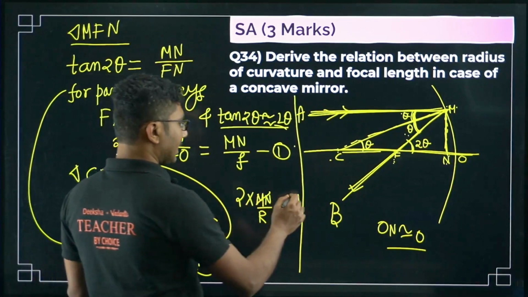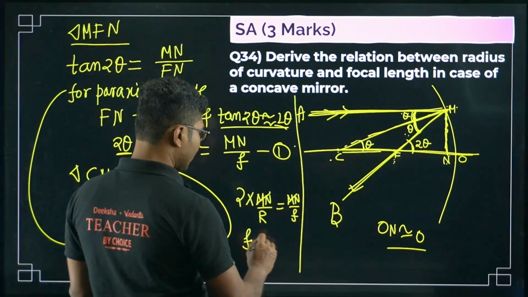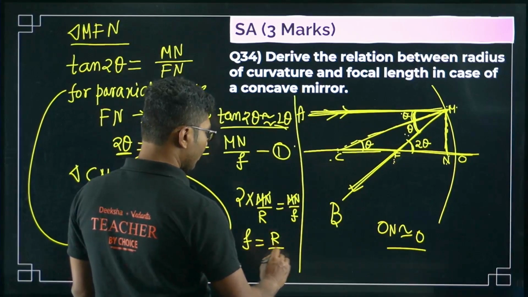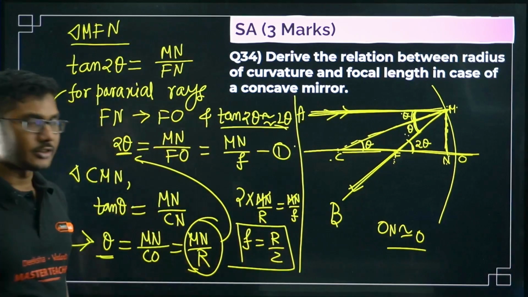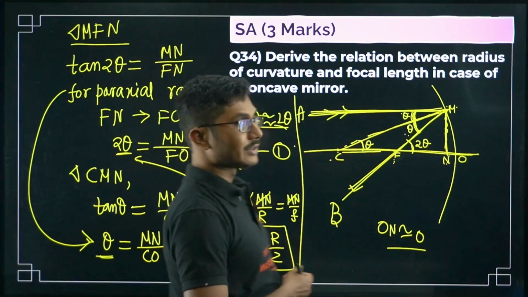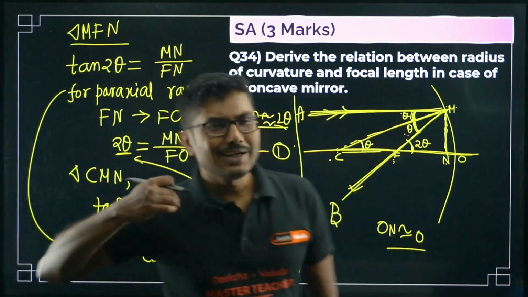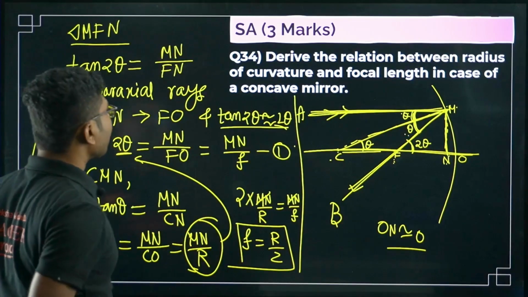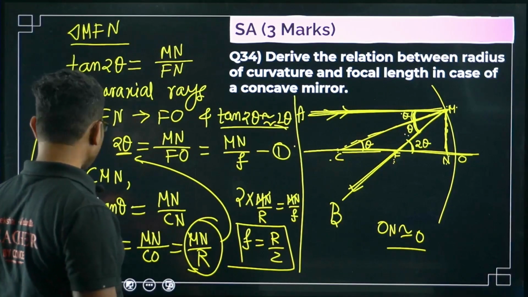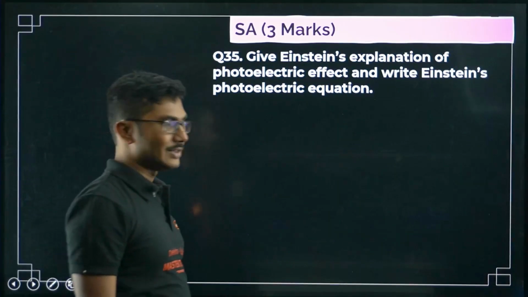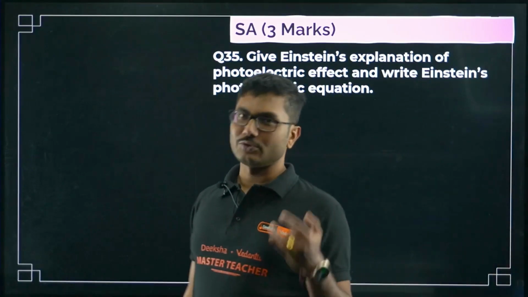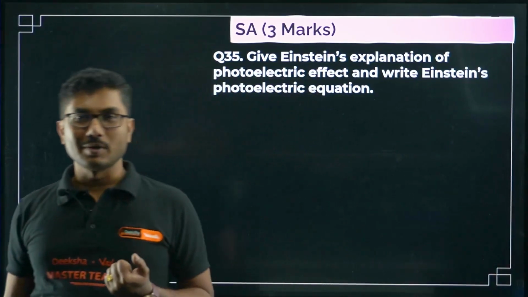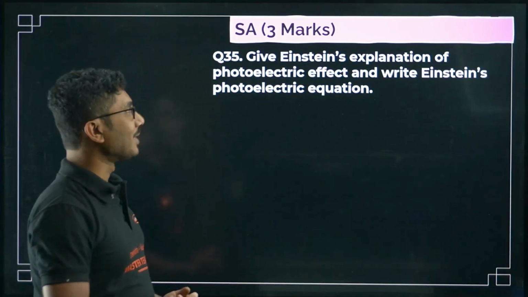So MN cancels, and taking the reverse, f equals R by 2. This is the relationship between focal length and radius of curvature. It is slightly long in my opinion for a 3 marker question, but you cannot give this derivation as a 5 marker either. It is basically a 4 marker kind of question, but unfortunately there is no 4 marker in your board exam, so they have given it as a 3 marker question.